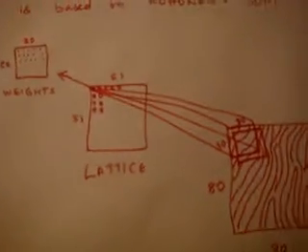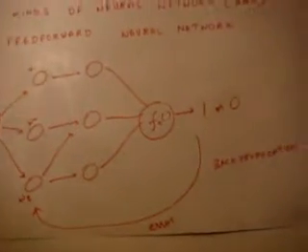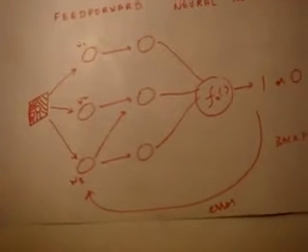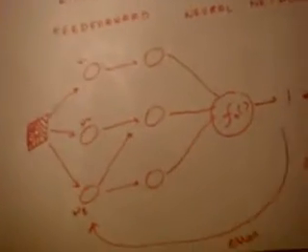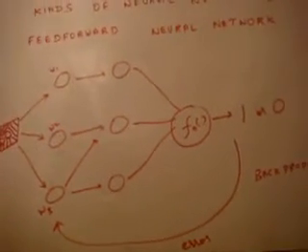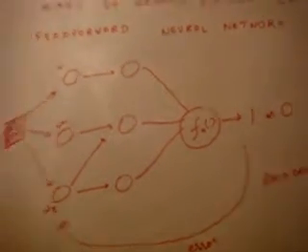And how do you train this? Well, for the feed-forward neural network, we did it through the back propagation algorithm. We took the error and propagated it to the weights and changed the weights so that the output is corrected.